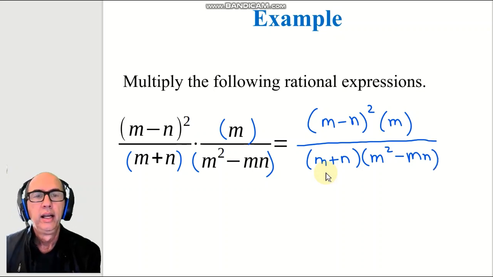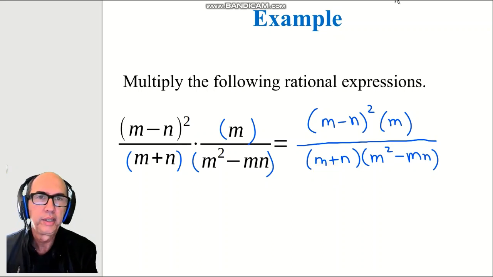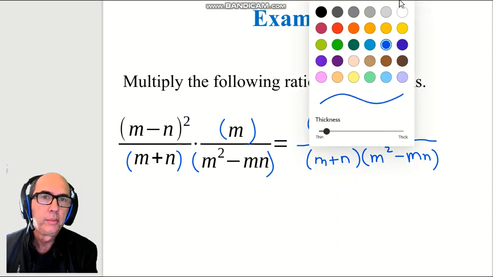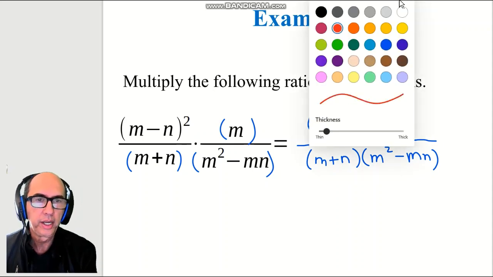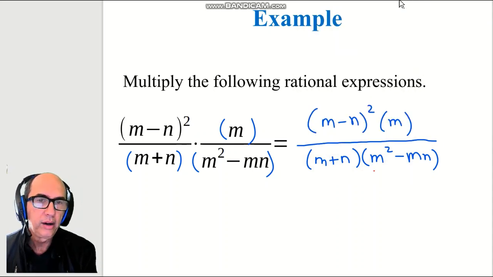Okay, the multiplication is actually simple, easy, the same thing we do with numbers, but now comes the tricky part, finding out how to simplify. We need to give the simplest answer. Look on the top, this is already factored out.